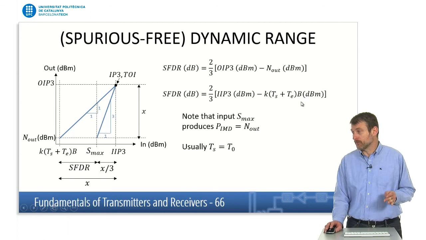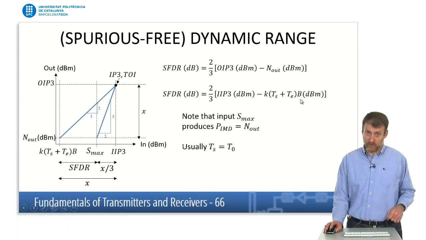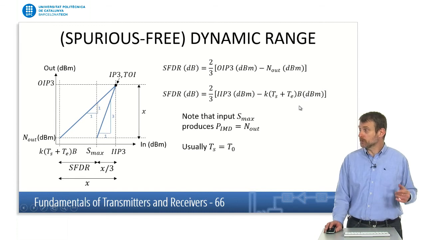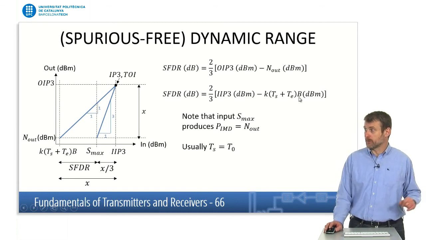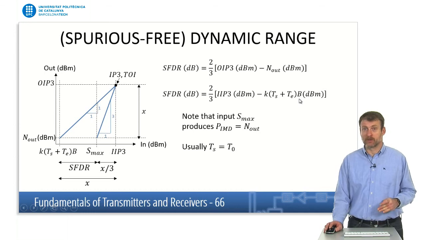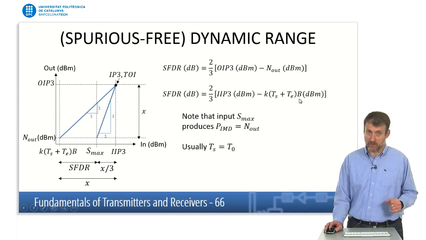In each case, we have to use the noise bandwidth of the signal. By the way, this also applies to the compression limited dynamic range that I've explained before.